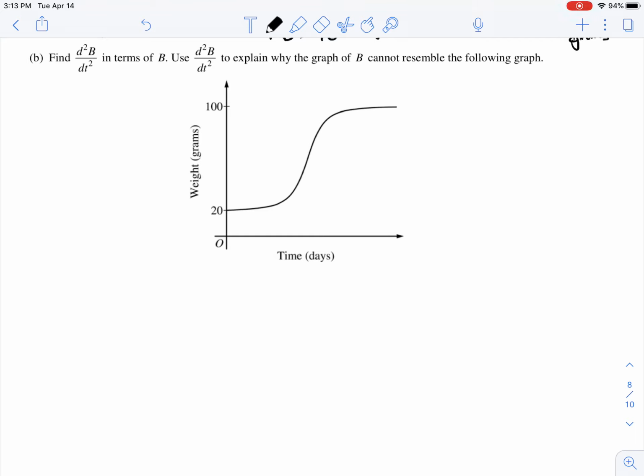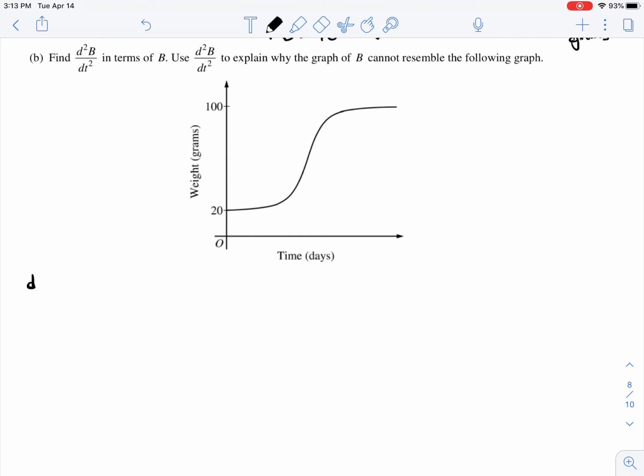but what they are giving us is a possible graph. So the first thing we want to find is this second derivative, or the second differential equation, and we want to explain why this graph here cannot resemble what the actual graph of B is. Well, let's first look at what this second differential equation would be.